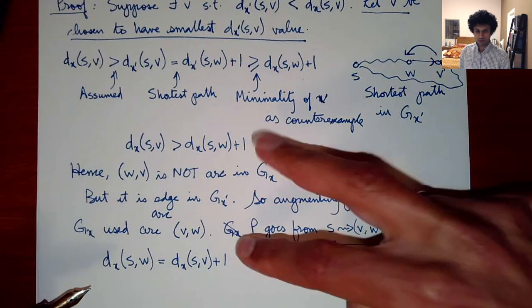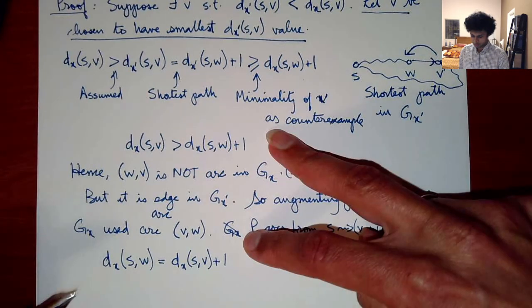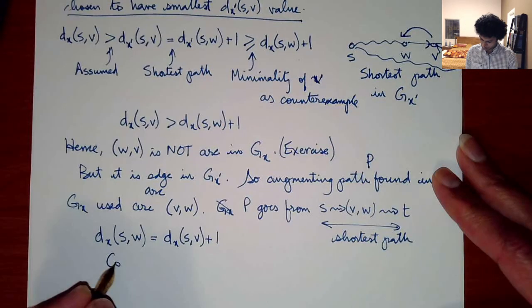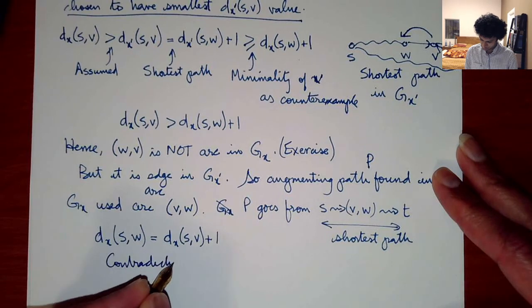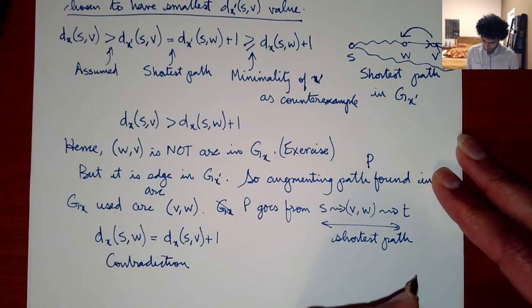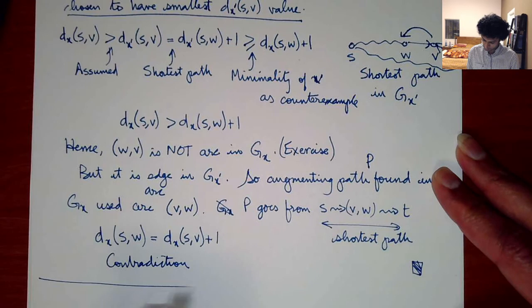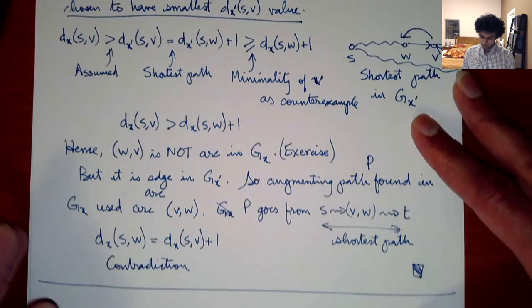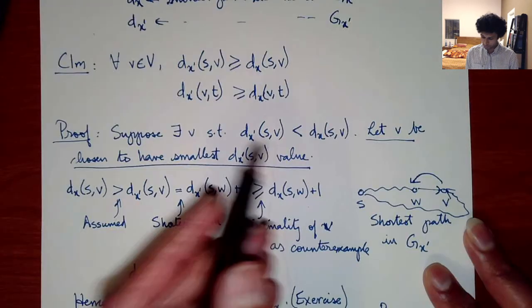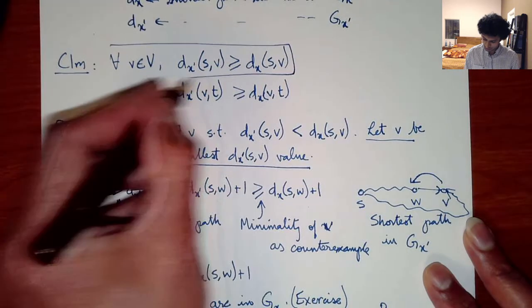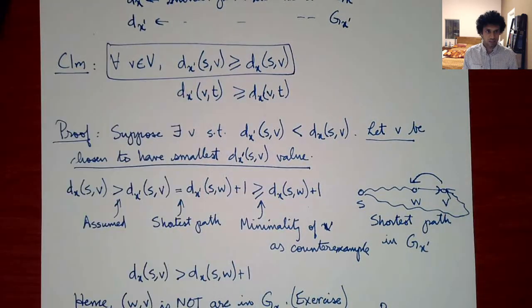So this is a contradiction. There's the contradiction. And that completes the proof for the first statement. The second statement is analogous. It's basically the same argument.